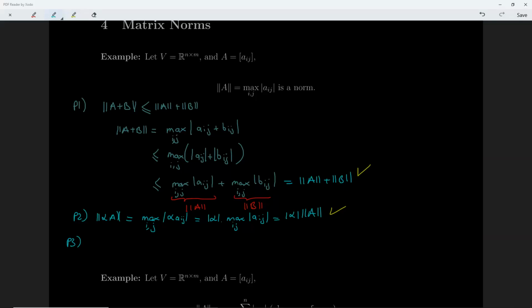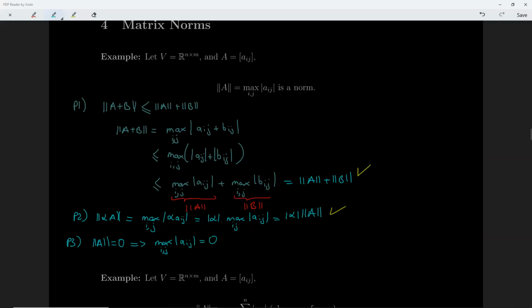Okay. So first, if norm of A is equal to 0, then this dictates that the maximum value of the absolute value of its entries is equal to 0.